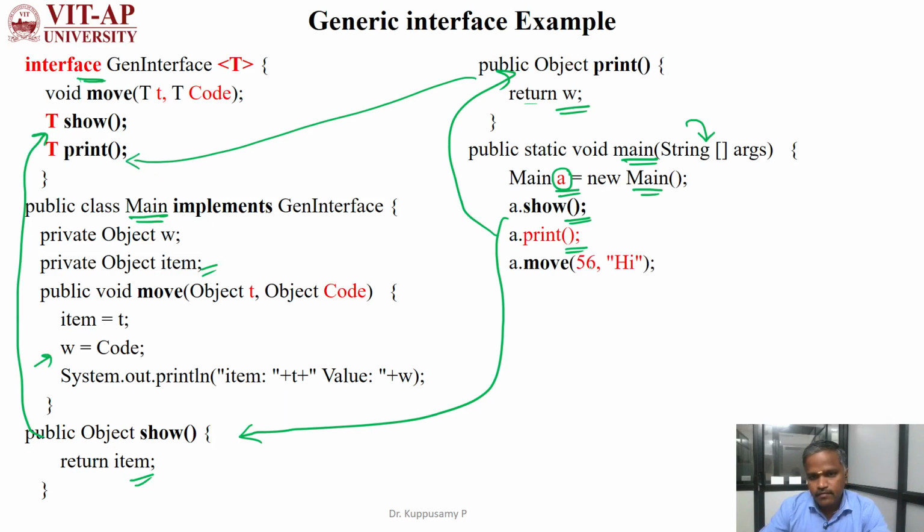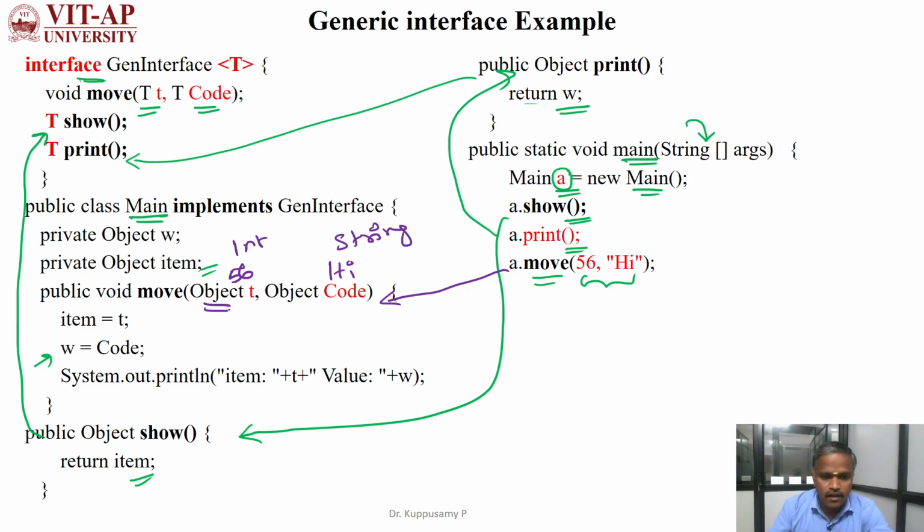Likewise, here I am calling the move method, which is carrying two arguments. Now control will pass to the move first, which is carrying 56 here and high here. This is string data, this one is integer data. Now in this context, object is the parent class.